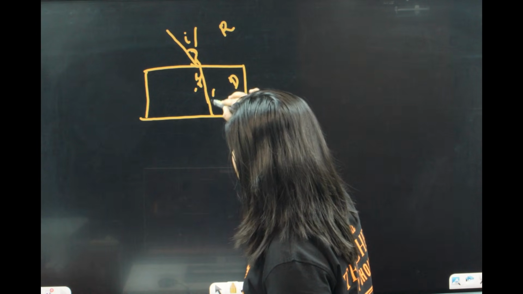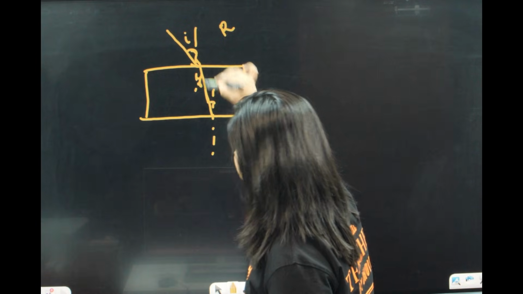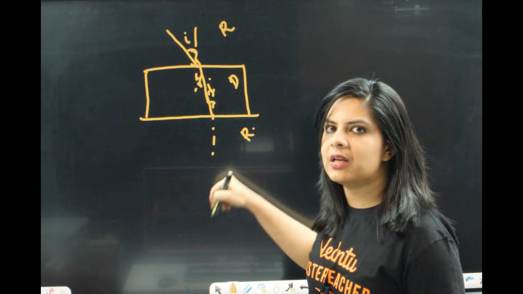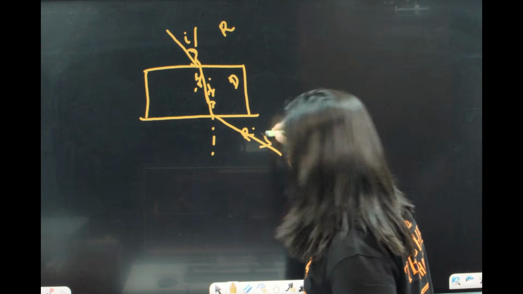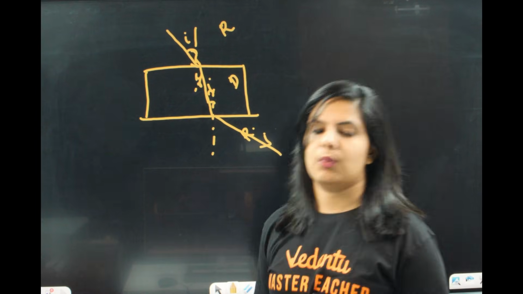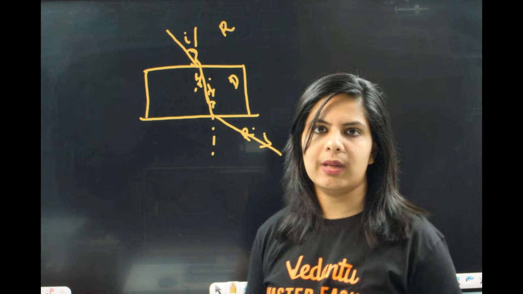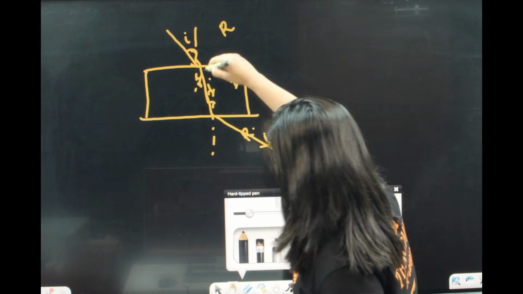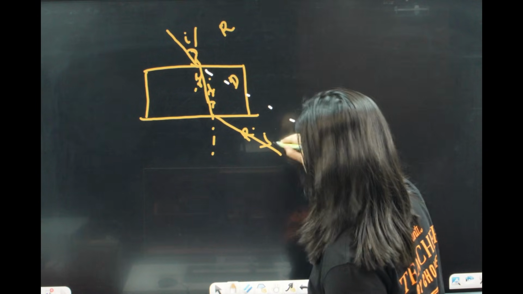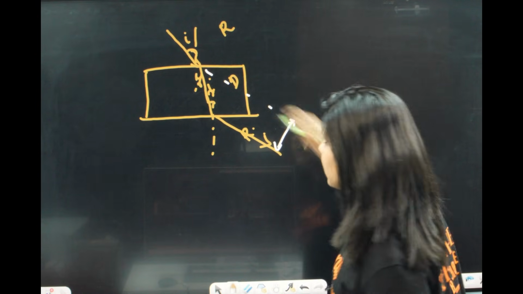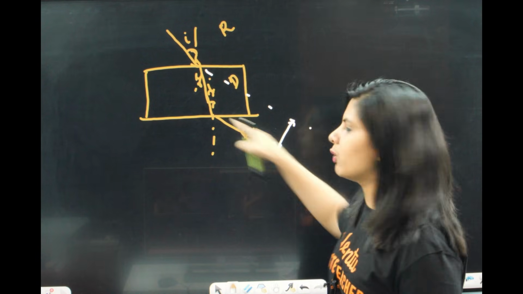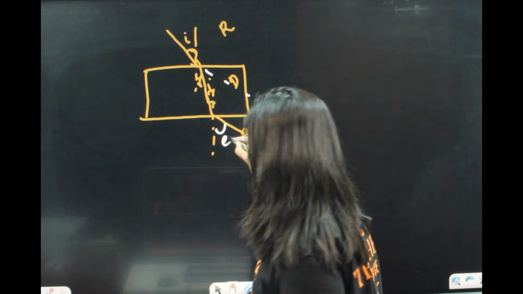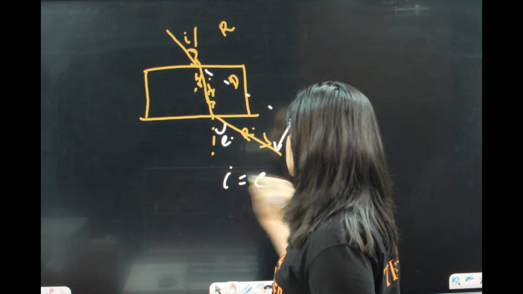Again it is falling on this surface. If this angle is r, this angle is also going to be r, and we know that going from denser to rarer medium, the velocity will increase and it will move away from the normal. So the incident ray and the emergent ray are always parallel, and whatever angle is made here will be equal to the incident angle.